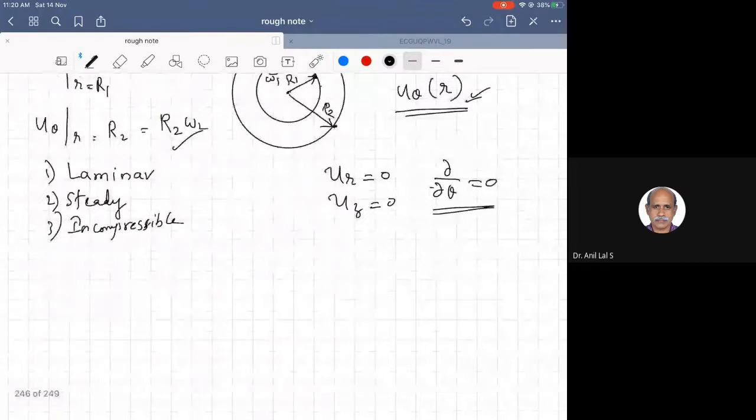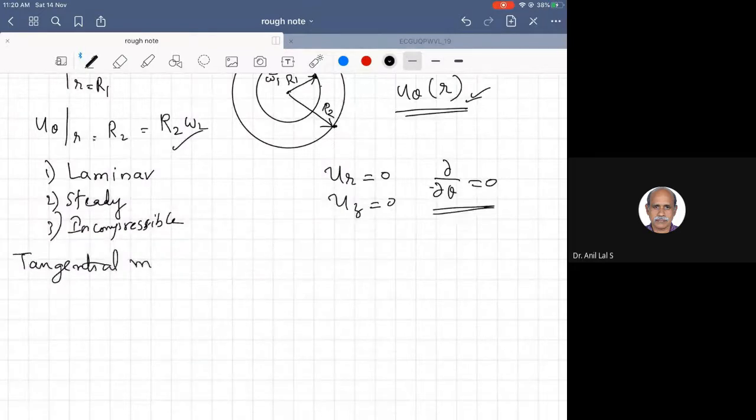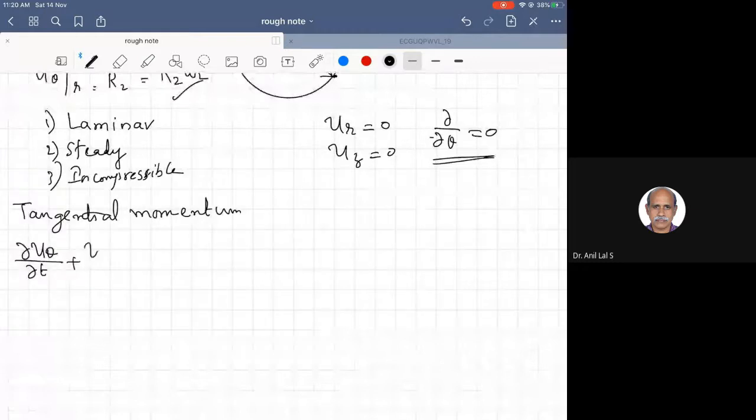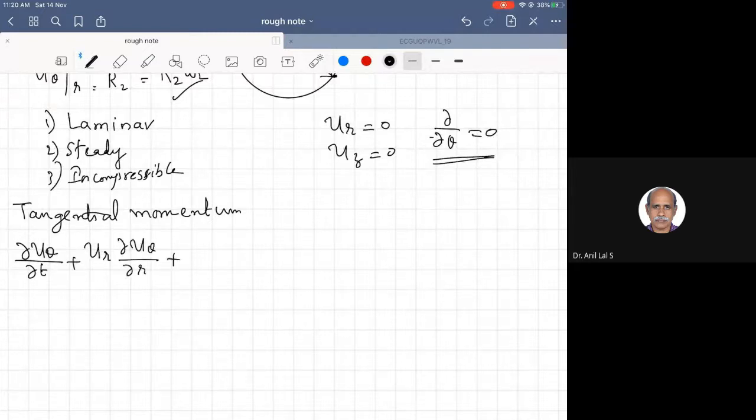First I will write the tangential momentum equation, and we see how it gets simplified. The equation is dou u theta by dou t plus u r dou u theta by dou r plus u theta by r dou u theta by dou theta plus u z dou u theta by dou z. I am writing all the terms.